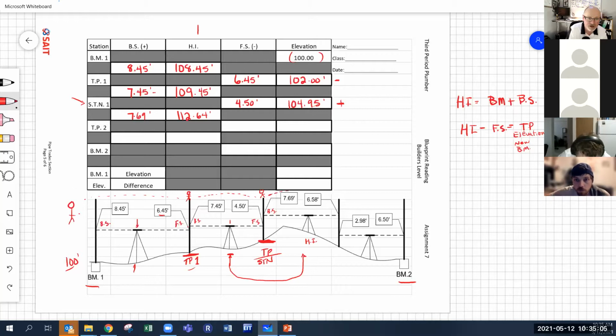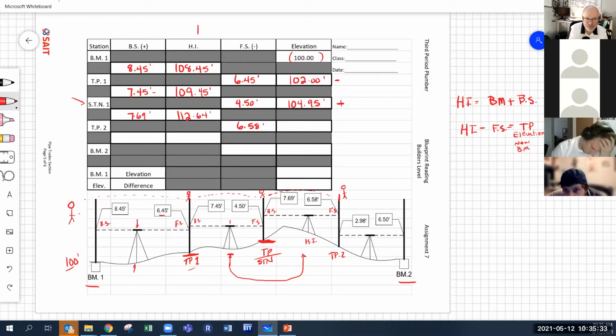Now the rod holder can move, and he moves to a new turning point, and they call it number 2 here. And I get a foresight of 6.58 feet.